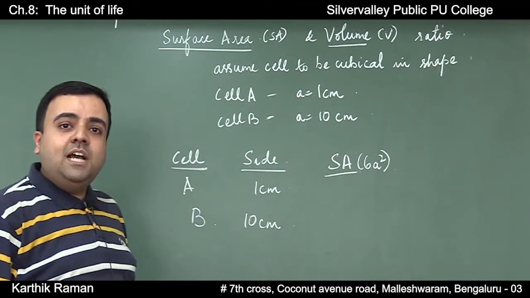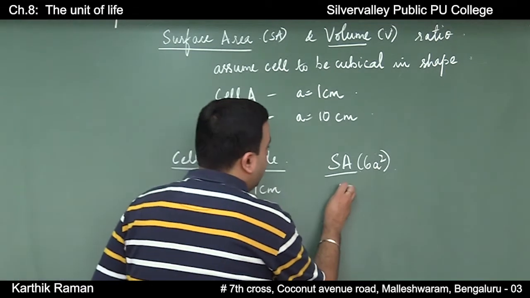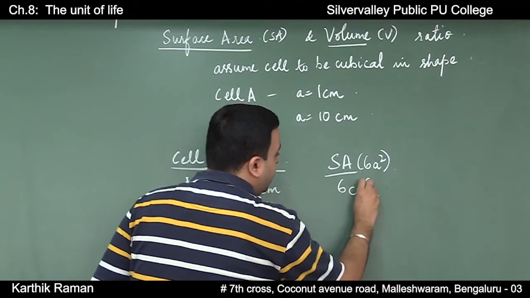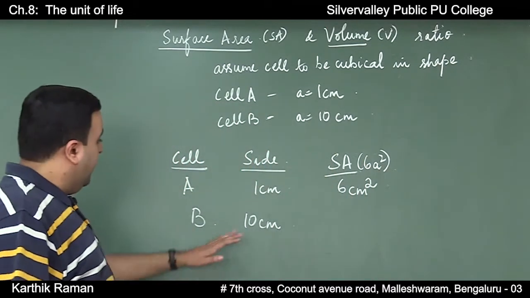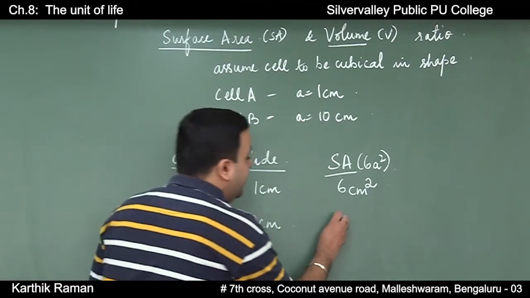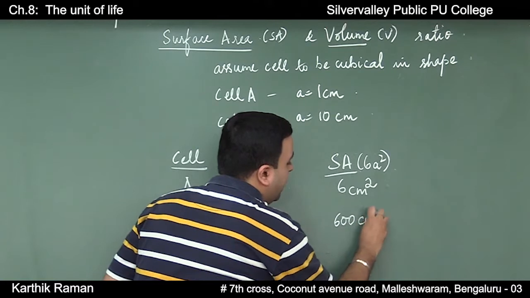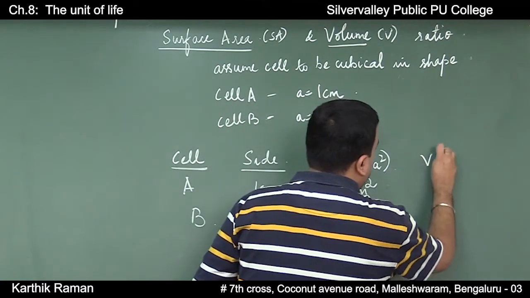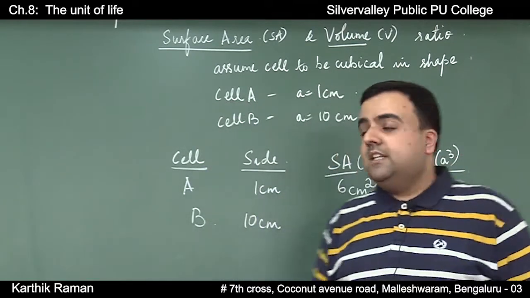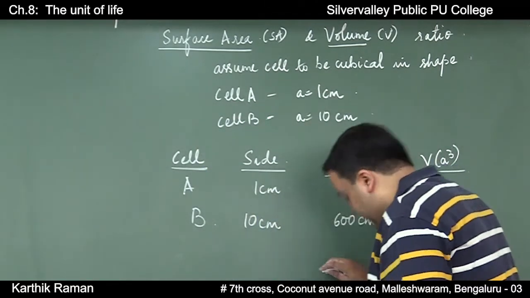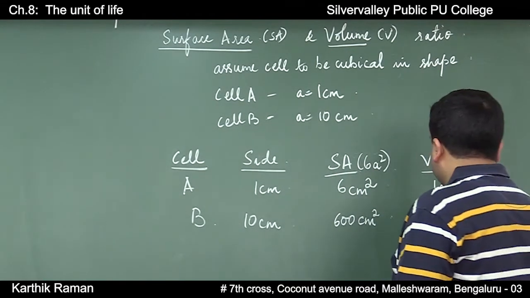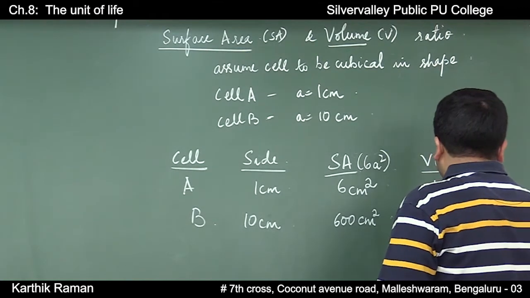So that will be 6 into 1 into 1, which will be 6 centimeter square. For cell B, it will be 6 into 10 into 10, that is going to be 600 centimeter square. Now the volume of the cube is given by the side cube. So here the side is 1 centimeter, so it is going to be 1 centimeter cube, and here it is going to be 1000 centimeter cube.